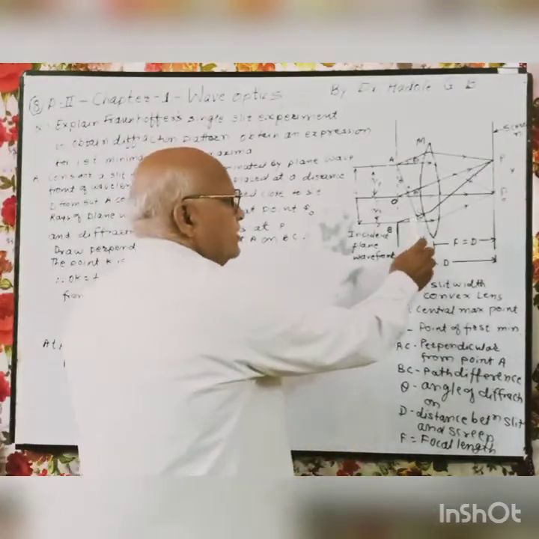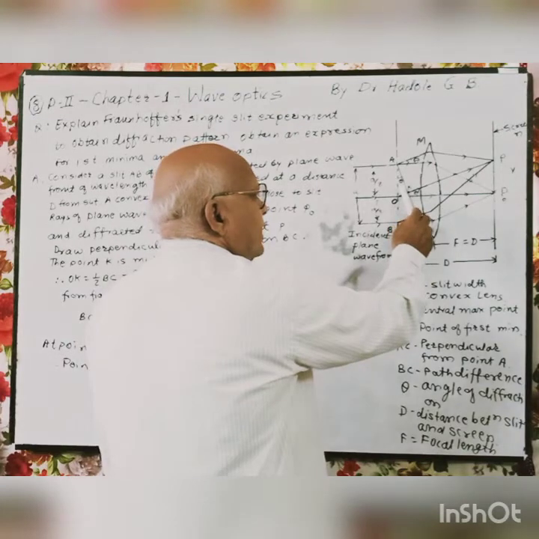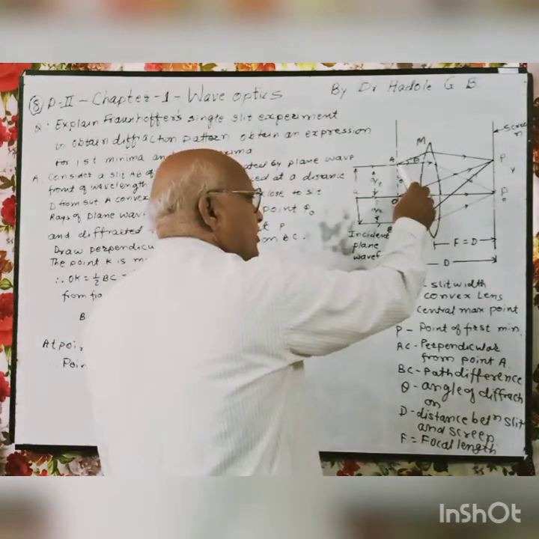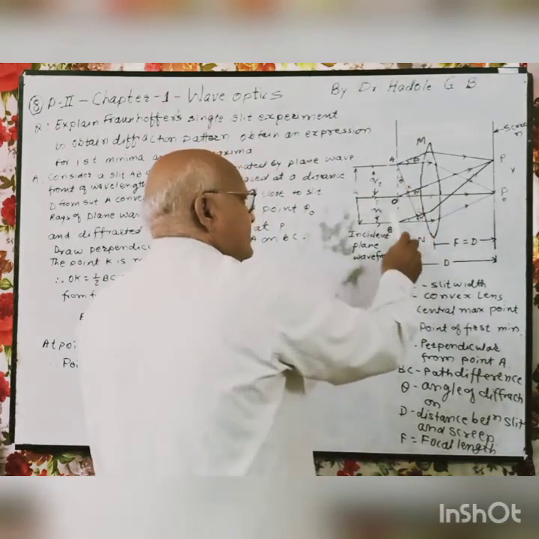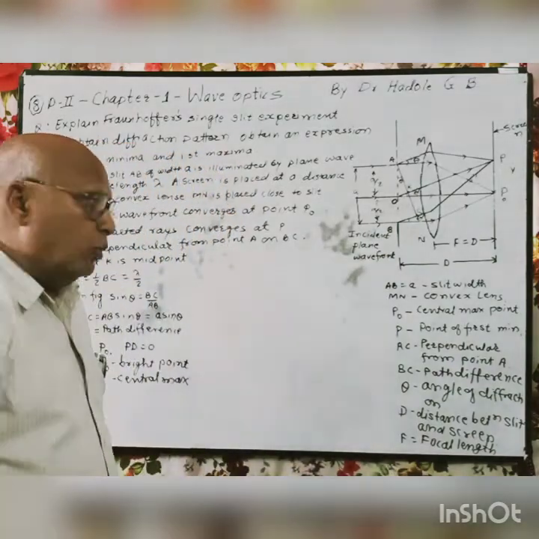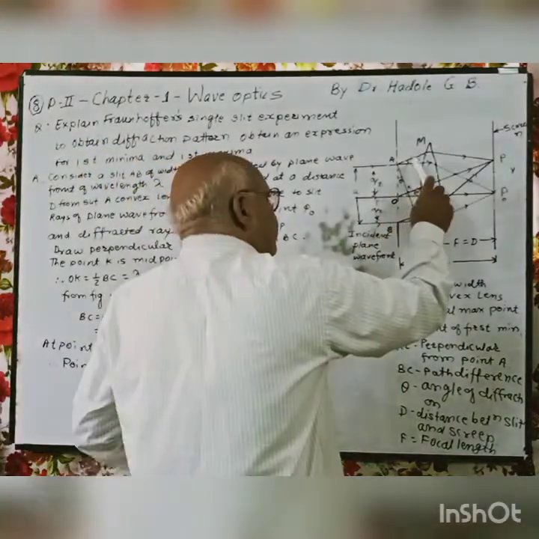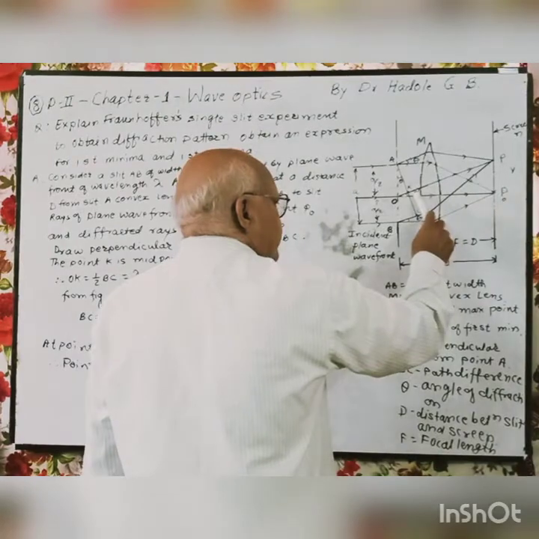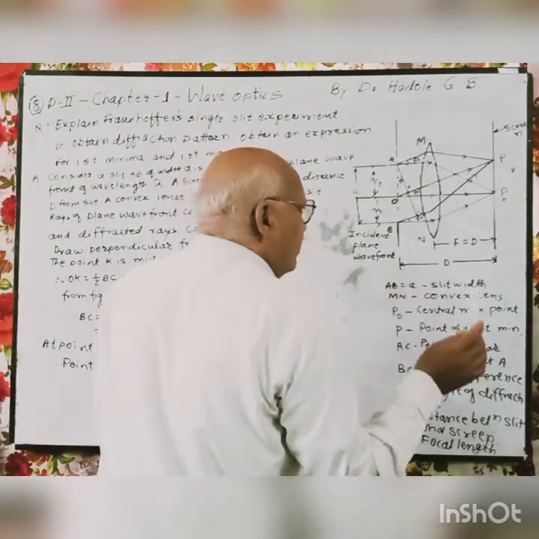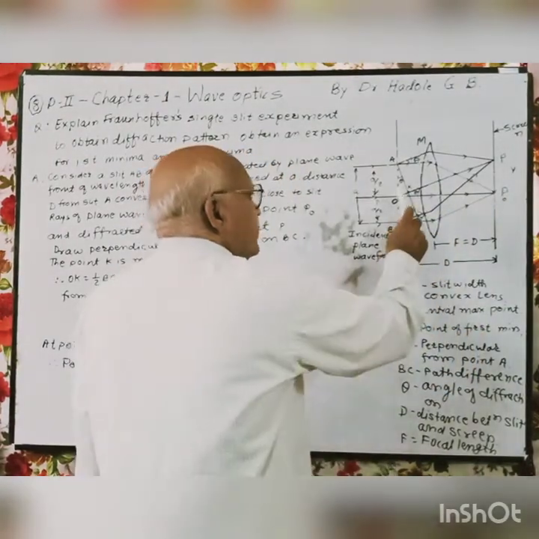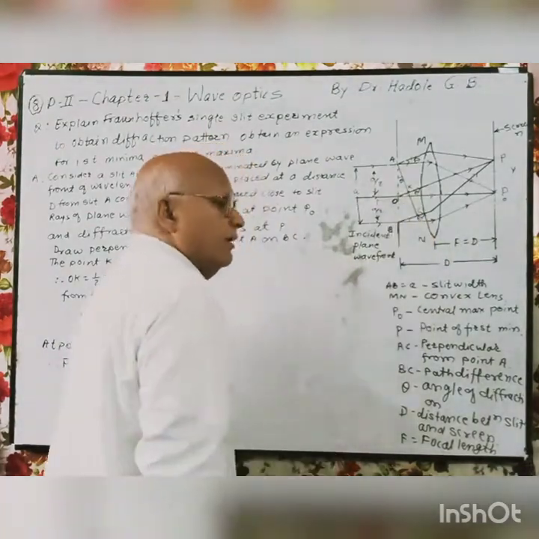C is the foot of this perpendicular. This theta is the angle made by the perpendicular with the slit. And of course, these angles are equal.